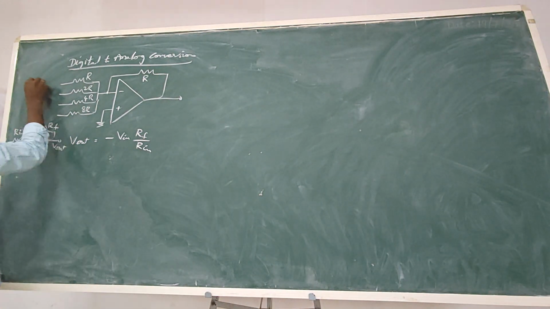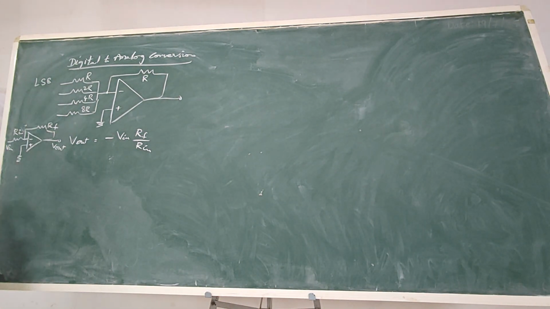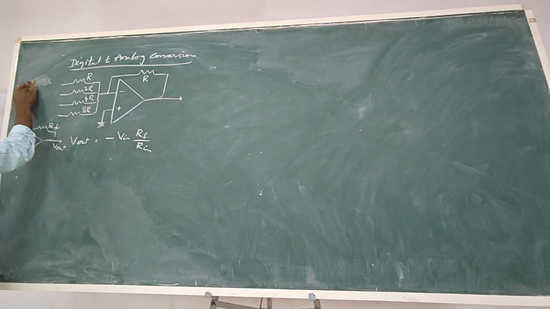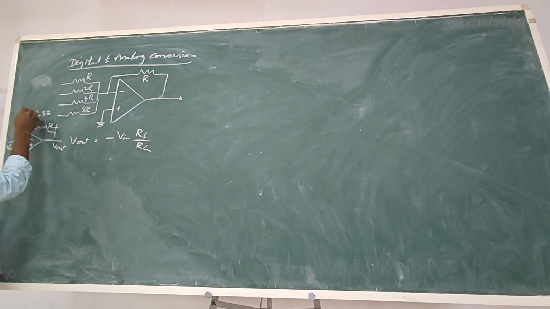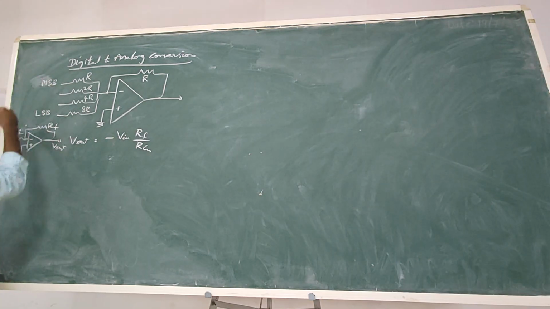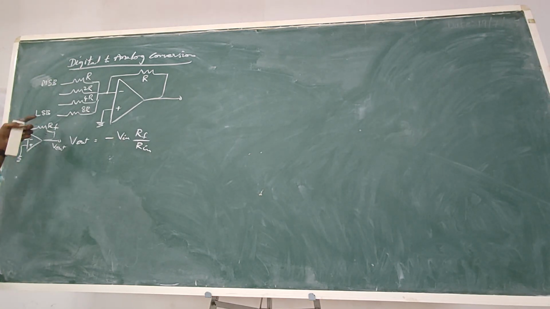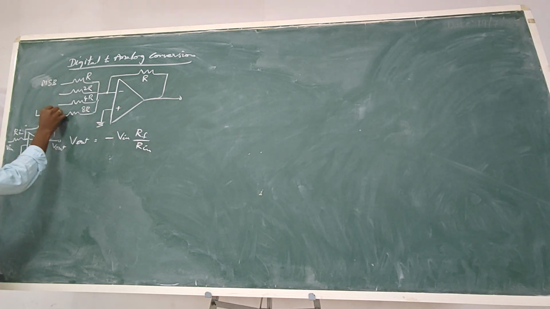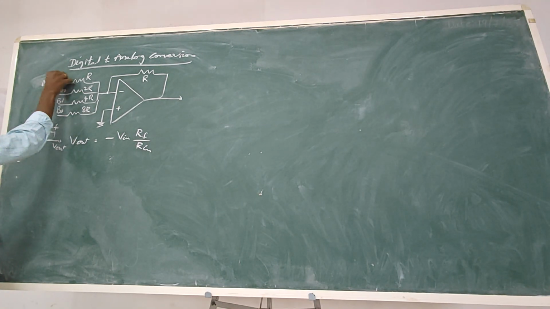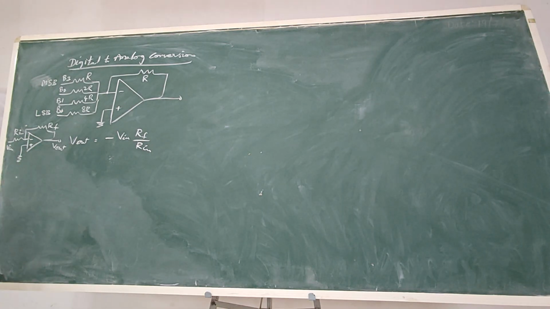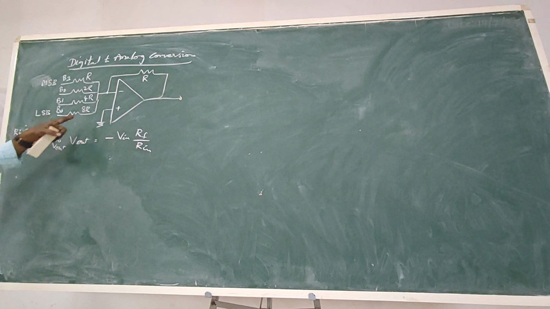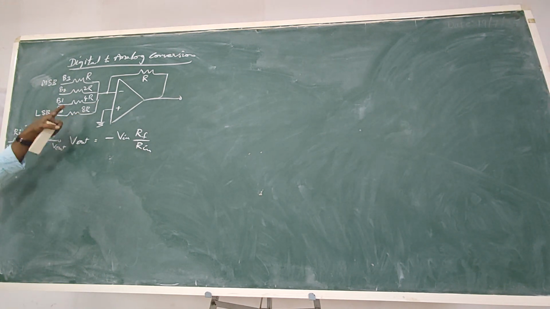So here I am giving the LSB here. My B0 is here, then B1, B2, B3. Since this resistance value comes in the denominator, I am taking it in the opposite way.